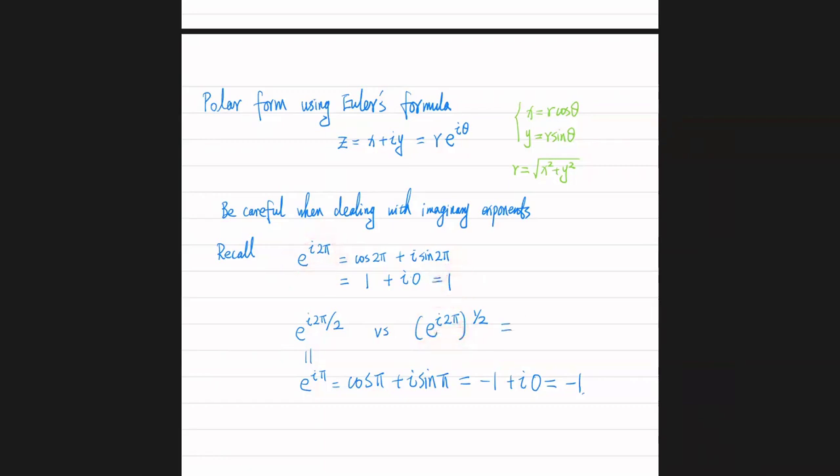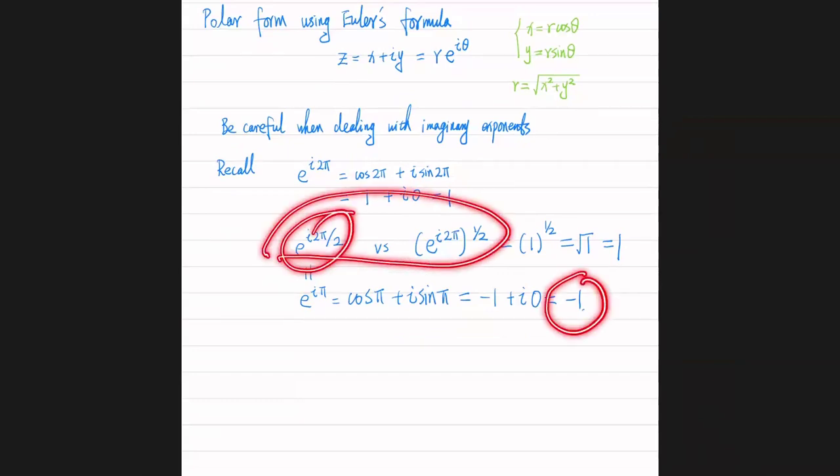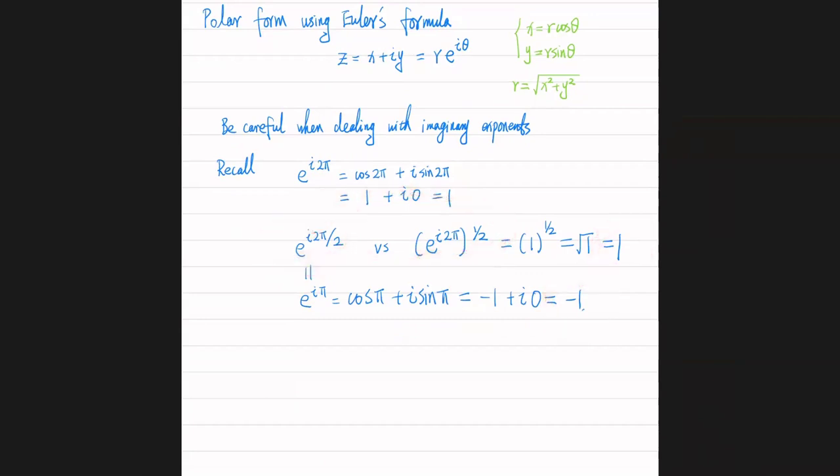Now 1 to the power 1/2, so the square root of 1. What's the square root of 1? 1. Yes. So now we can see the difference. The first one gave us -1, the second one gave us 1. So they are different.